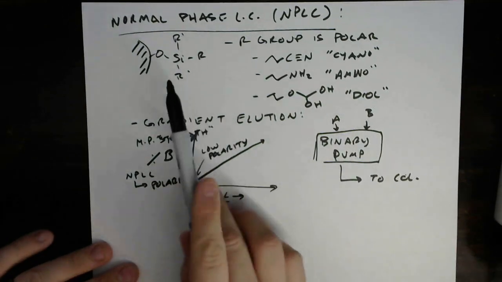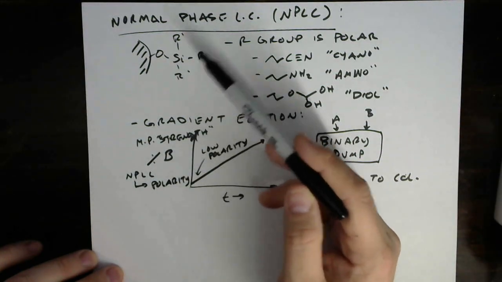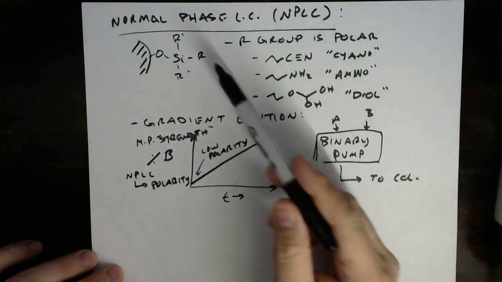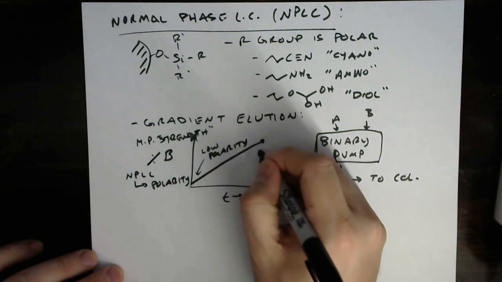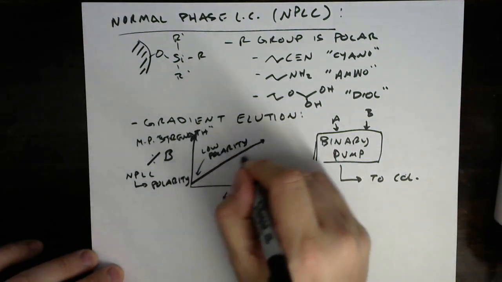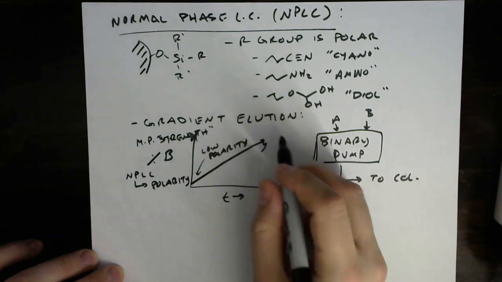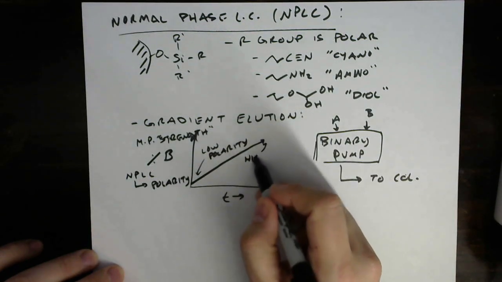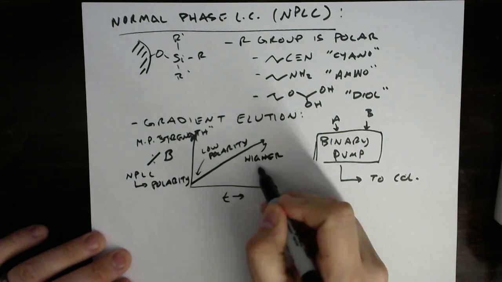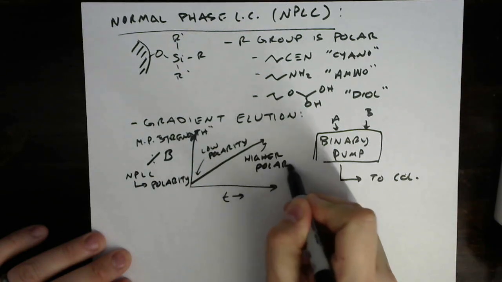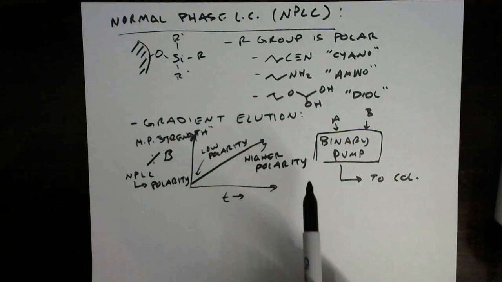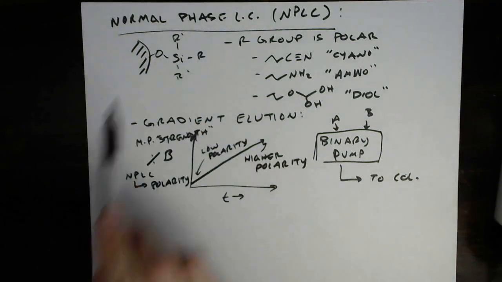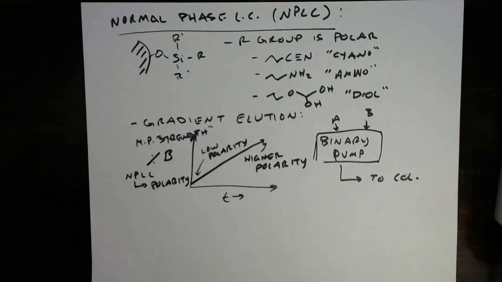So if your solvent is low polarity, it's going to compete very poorly for solvation in that environment, and so it'll be weak. It won't do a good job of competing. Whereas as percent B increases, polarity increases as time goes on, increasing its ability to compete for solvation with that R group.